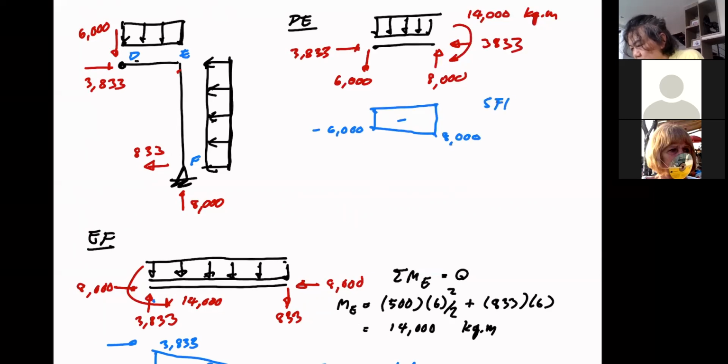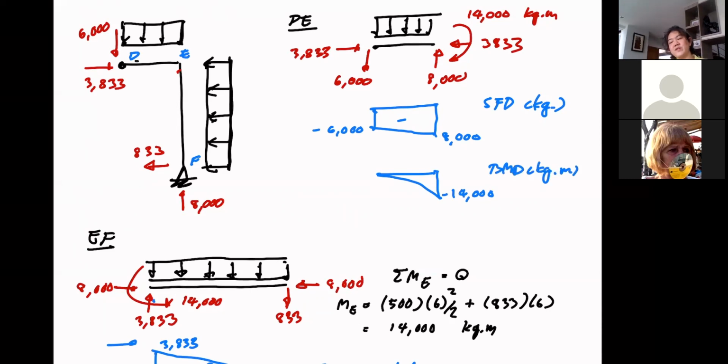Shear force diagram in kilogram force, or I could just leave F out. I wouldn't mind if you do the same. And my bending moment diagram, the negative area and such. So we keep decreasing, and that's my bending moment diagram. Kilogram meter. Okay, is there any question?